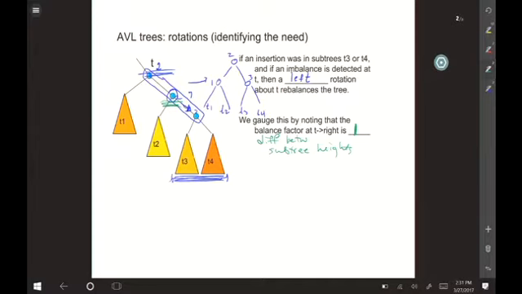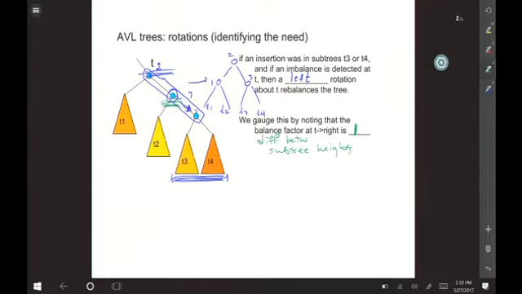Now that increase can go from -1 to 0 or 0 to -1, because remember that one's not out of balance. If it went from -1 to 0, then this would have been the longer tree to begin with.